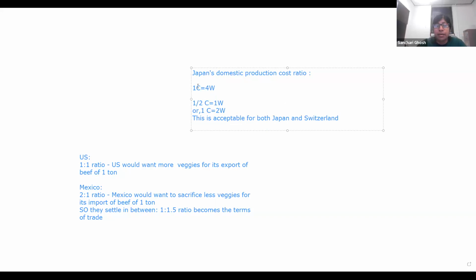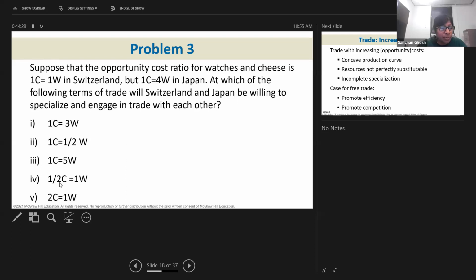And it should not be bigger than 1 unit of cheese. If it gives up 1/3 of a cheese for 1 watch, Switzerland is also happy, which should not exceed 1. Whereas for Japan, it should not exceed 4 watches.